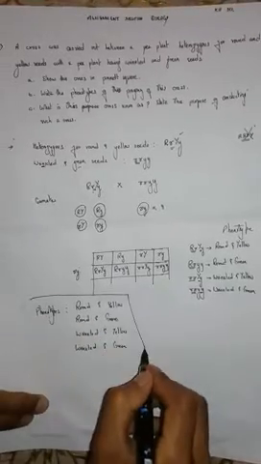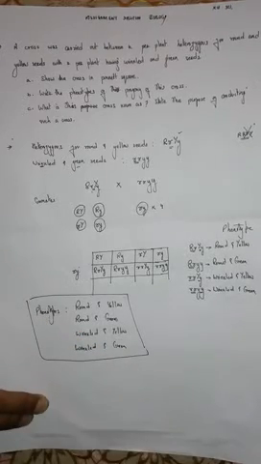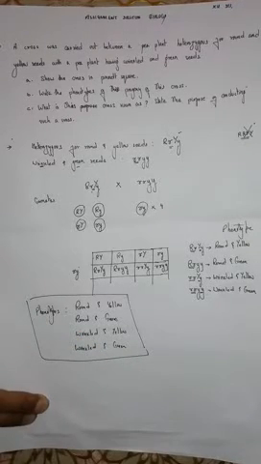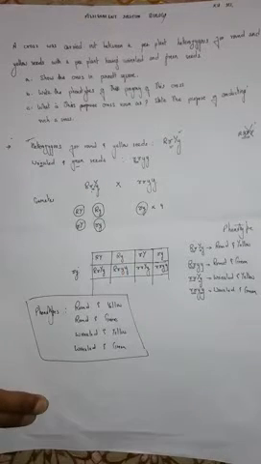So these are the different types of phenotypes which are produced when we are crossing the heterozygous round and yellow seeds with the wrinkled and green seeds.